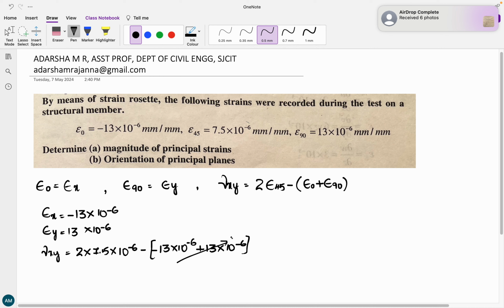This term gets cancelled out to 0, hence we are left with 15 into 10 power minus 6.